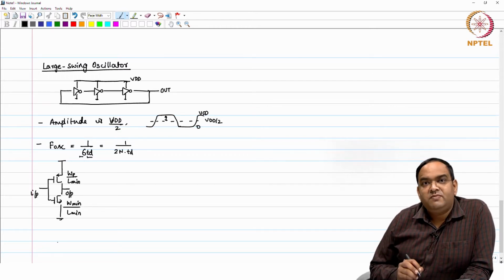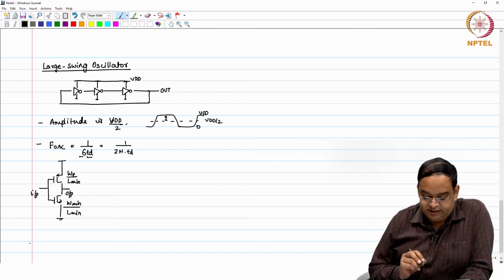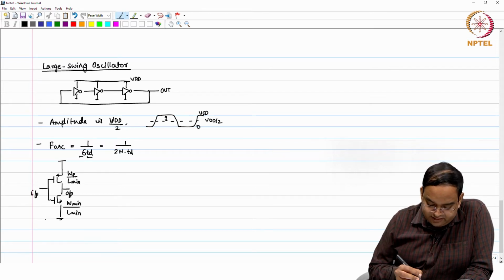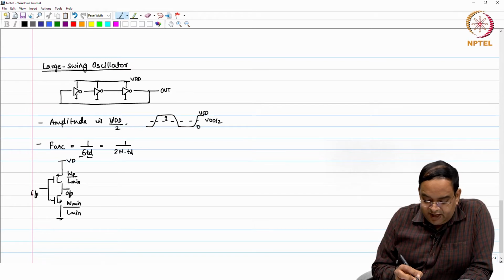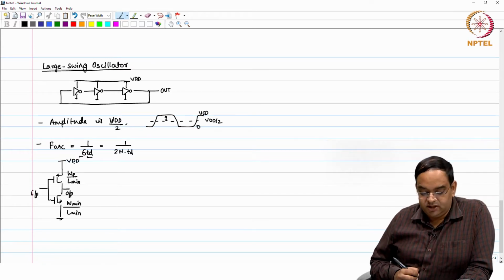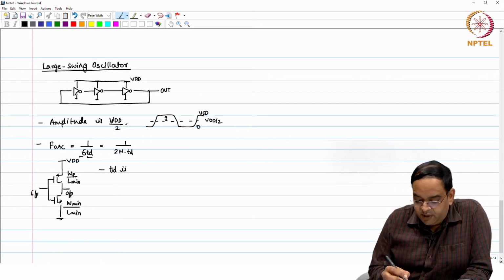We know that PMOS has a lower mobility as compared to NMOS, so the PMOS size is going to be larger. Given this size of the inverter and the supply voltage allowed in a given process, the delay TD is minimum.